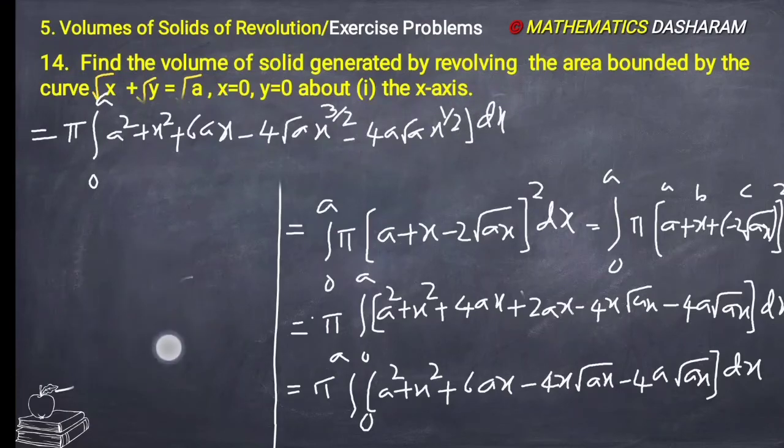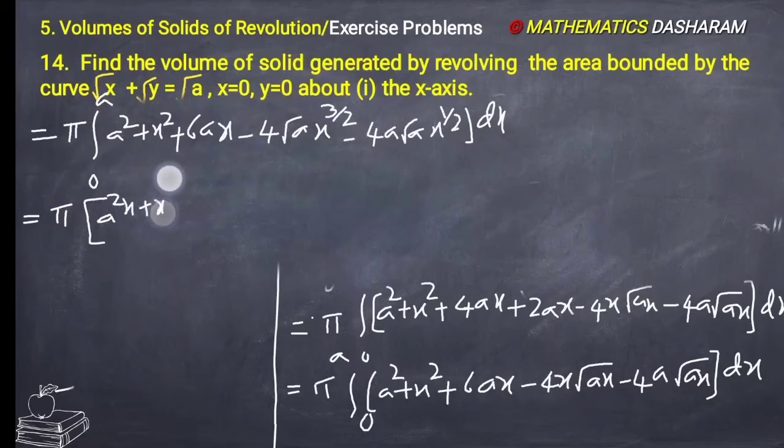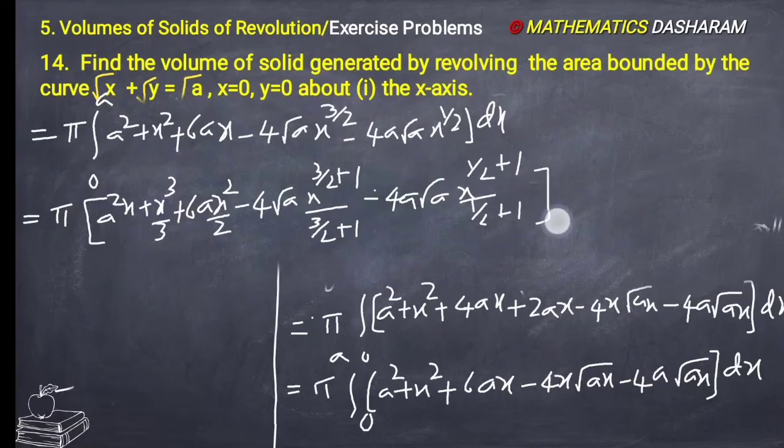Now apply the integration for each term separately. So it is equal to pi into a square x plus x cube by 3 plus 6a into x square by 2, minus 4 into root a into x to the power of 3 by 2 plus 1 over 3 by 2 plus 1, minus 4a into root a into x to the power of 1 by 2 plus 1 over 1 by 2 plus 1. Here limits are 0 to a.